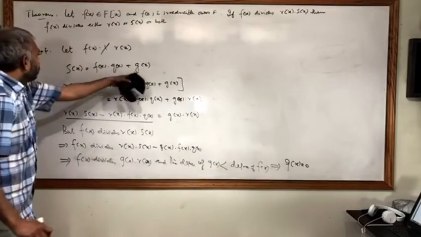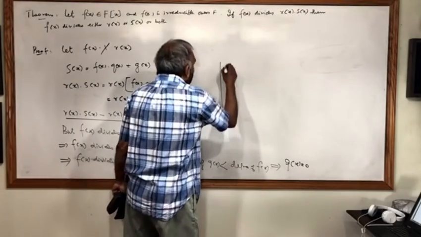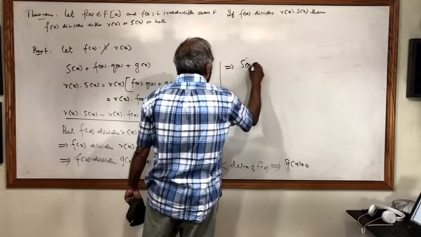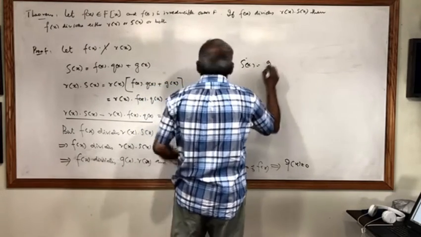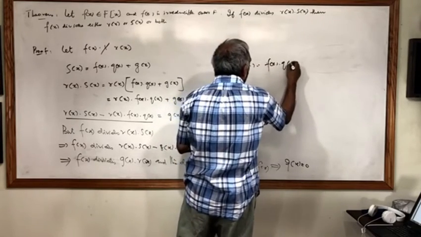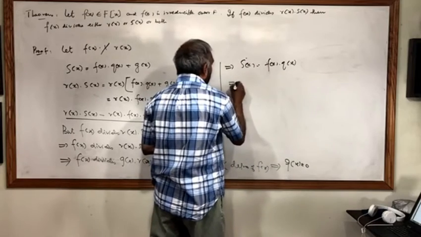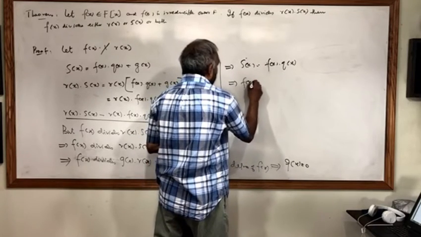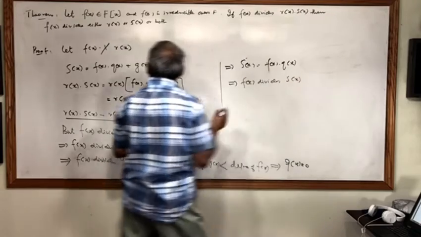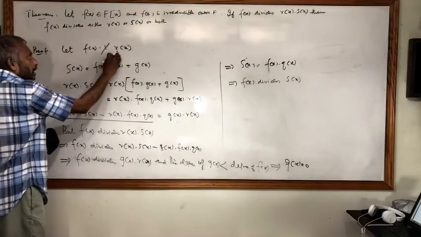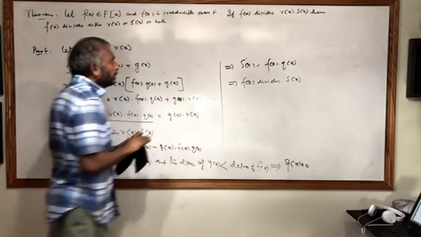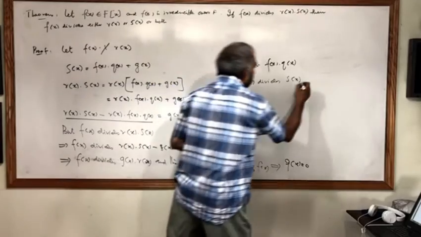If g of x equal to 0, that implies s of x is equal to f of x times q of x, and that implies f of x divides s of x. So if f of x does not divide r of x, it definitely divides s of x, and that completes the proof.